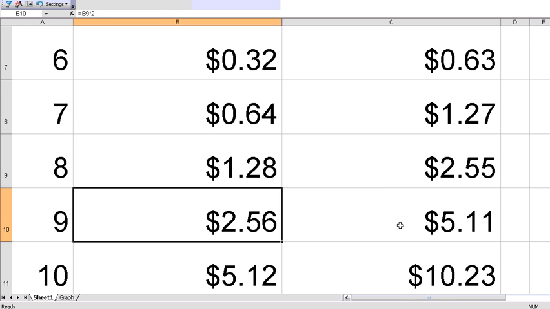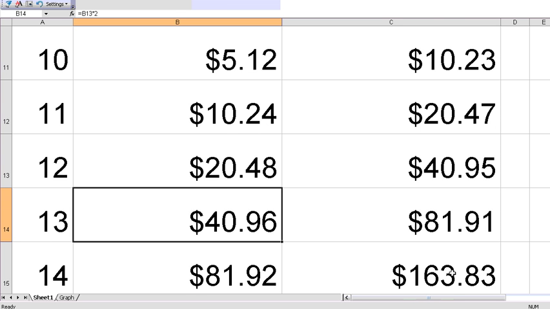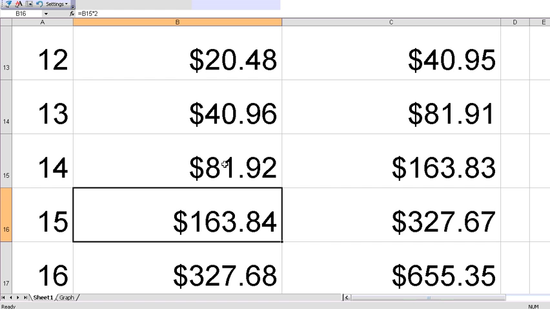After 10 days, on that 10th day, you'll be making $5.12 for a total of $10.23. Let's keep going. Here we are at the halfway point, $163 on just that day, for a total of $327.